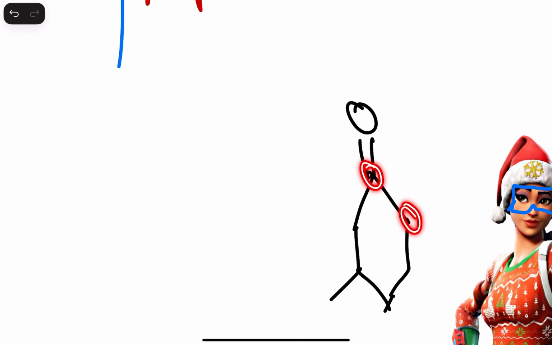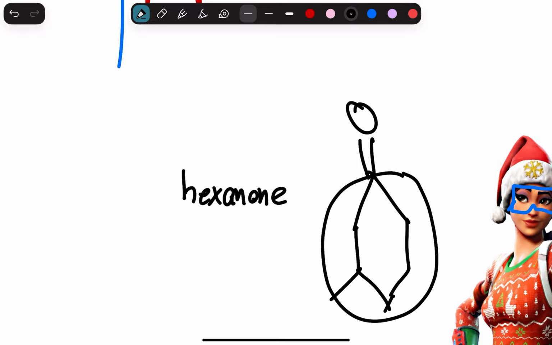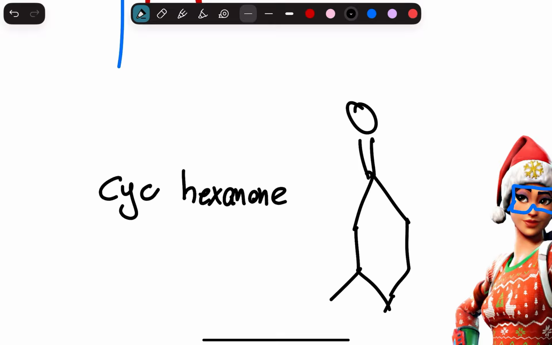So we'll start by counting the carbons. We have 6, so it's going to be hexane, but we replace the E with a -one. So hexanone. And it is cyclic, so it's going to be cyclohexanone.